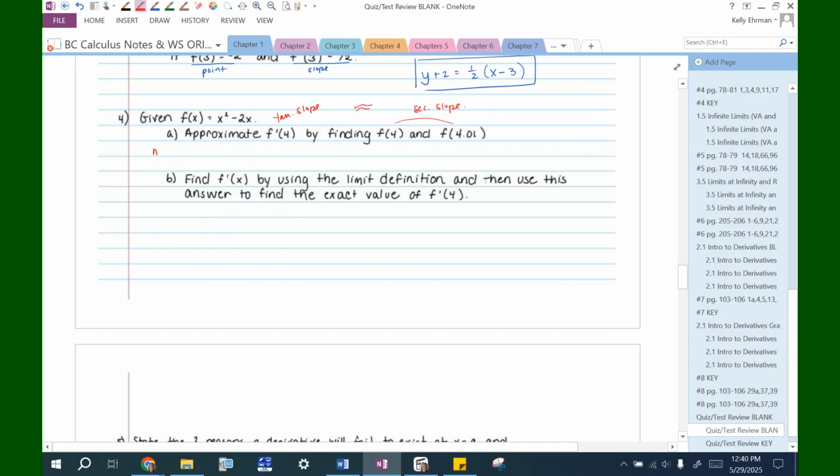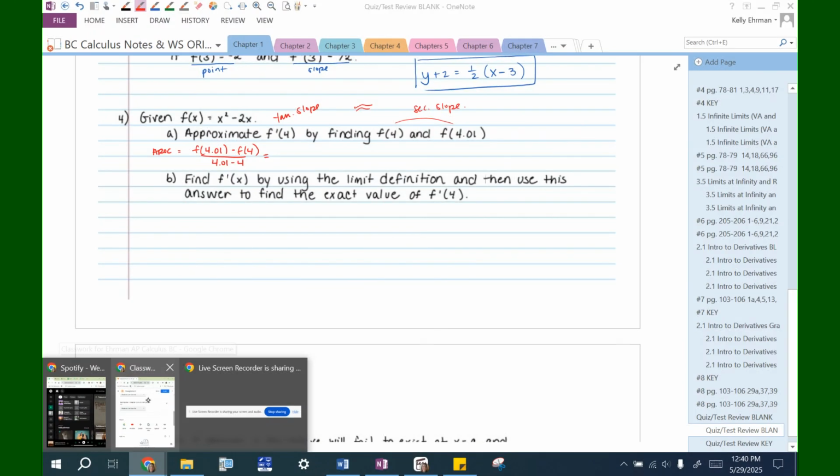So let's find the average rate of change, the AROC, between those 2 points. F of 4.01 minus f of 4 over 4.01 minus 4.